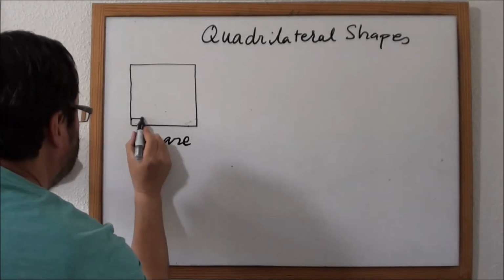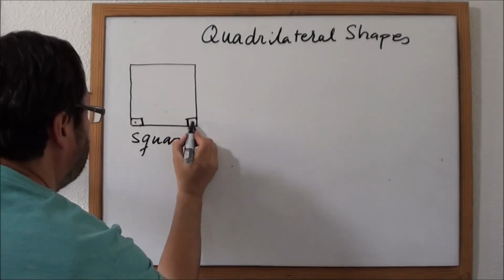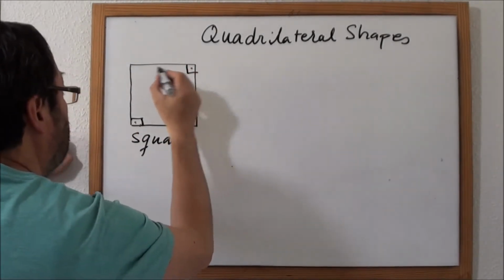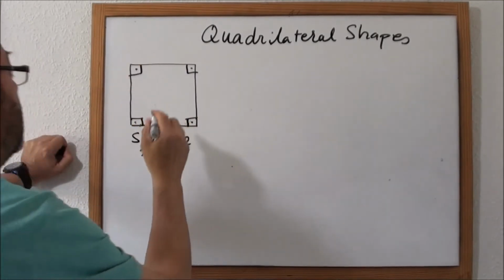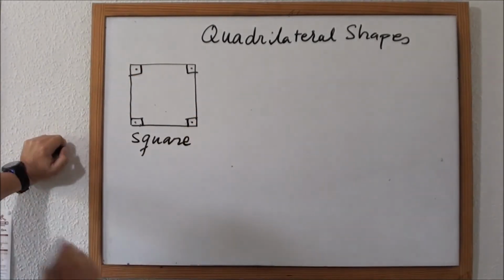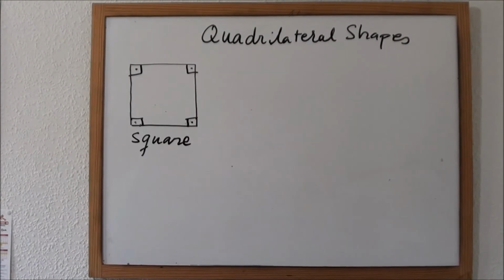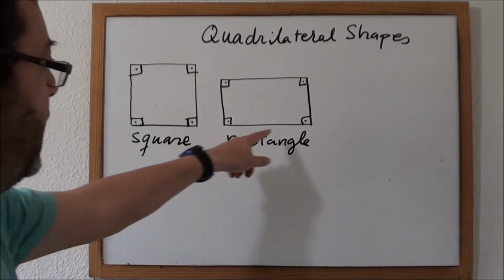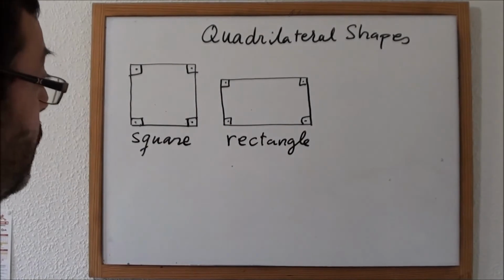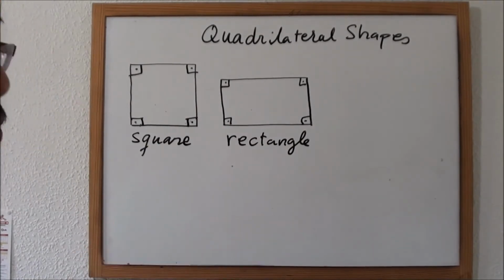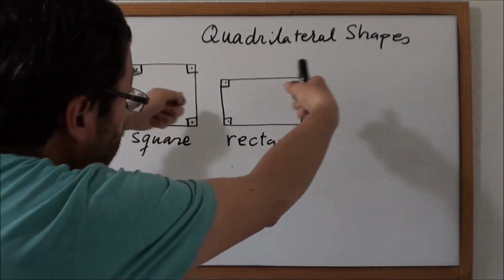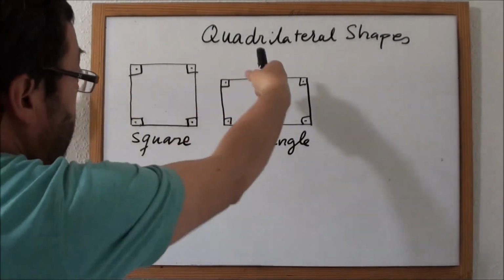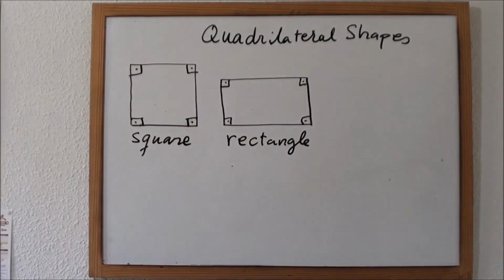If all the angles are equal, as we know that all the angles in a quadrilateral add up to 360, 360 divided by 4 must be 90, so each of these angles must be 90 degrees. Now, if we keep the angles at 90 degrees, but we change one of the sides, we elongate the square, we get a rectangle.